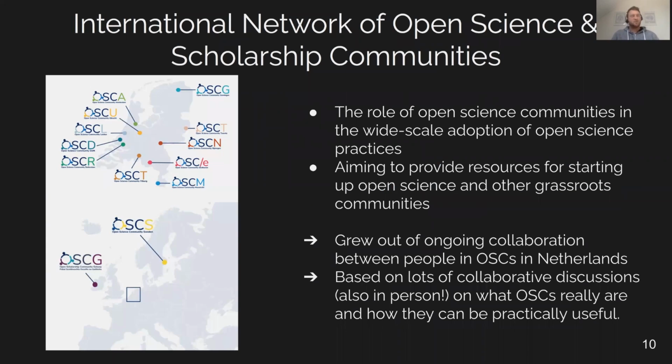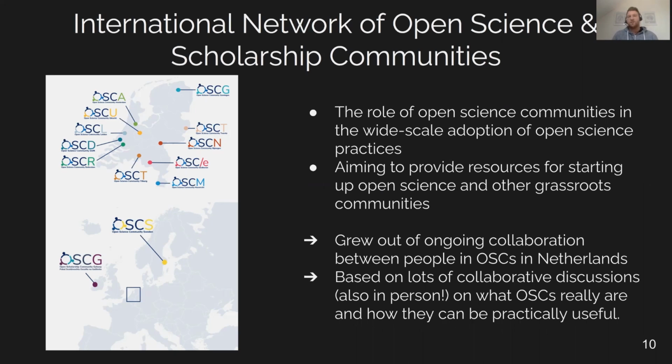Second to last is the International Network of Open Science and Scholarship Communities. For this, essentially all the open science communities in the Netherlands and a few other countries got together over a long period of time, discussing how useful and practical we think grassroots communities can be, and how we help each other grow the use of open science practices in academia and research.